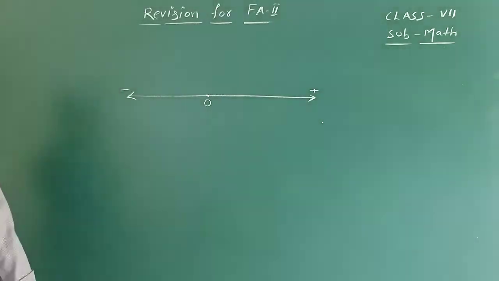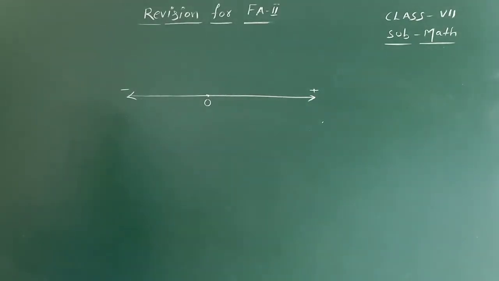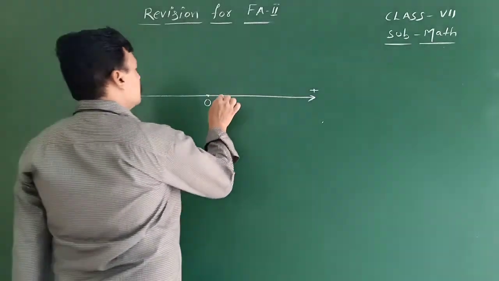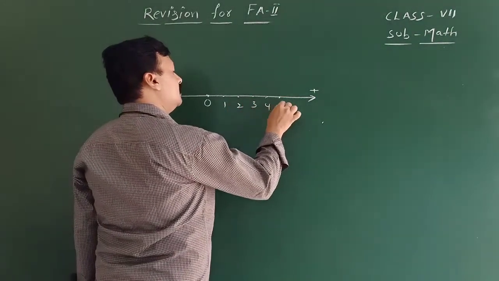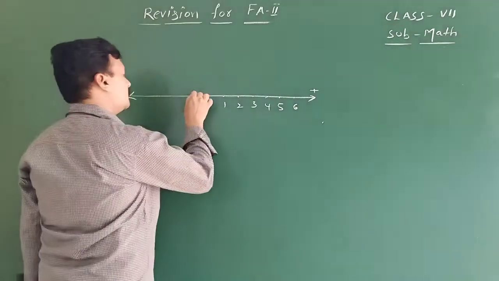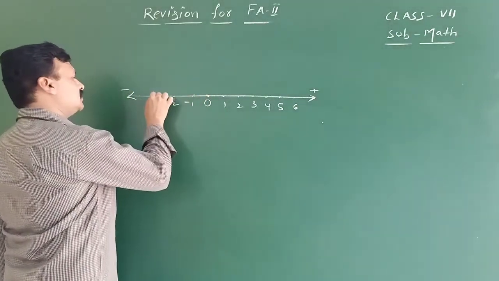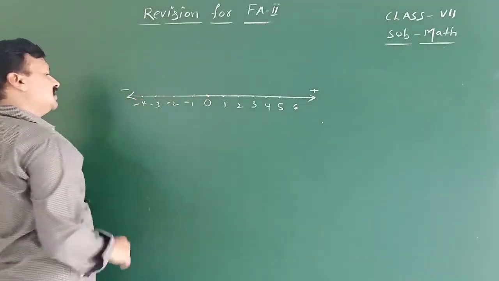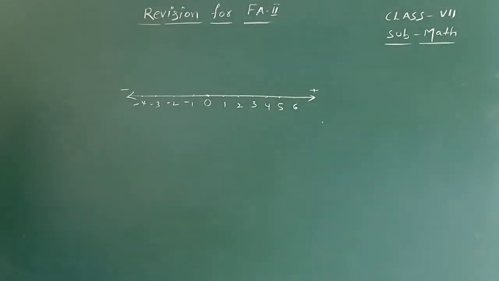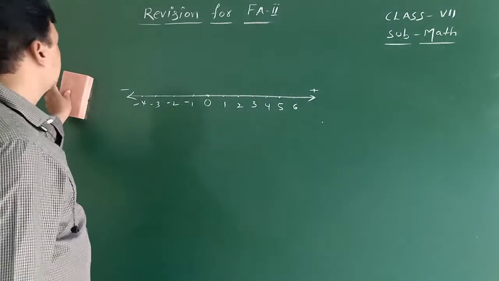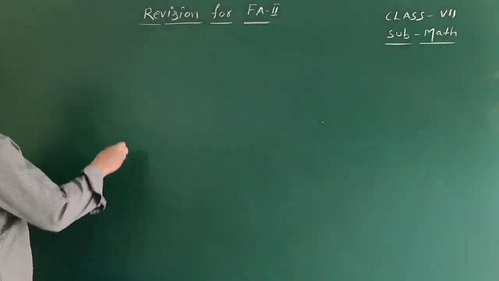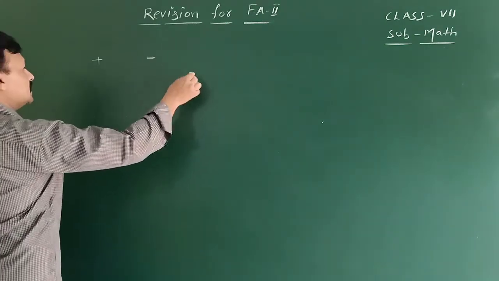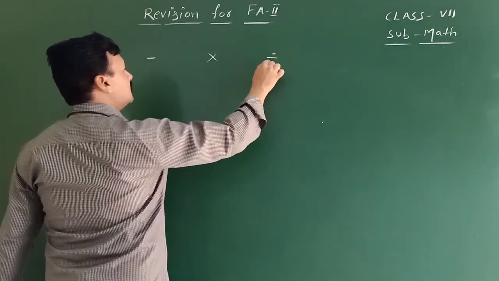Negative numbers are placed left side of the 0 on the number line. 1, 2, 3, 4, 5, 6 and so on. -1, -2, -3, -4 and so on. In this way, we can represent numbers on the given number line. Next, operations: addition, subtraction, multiplication and division.